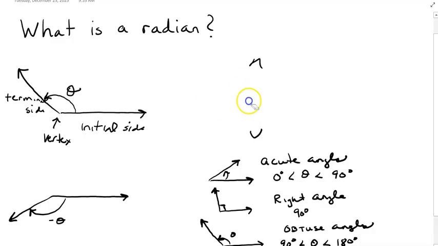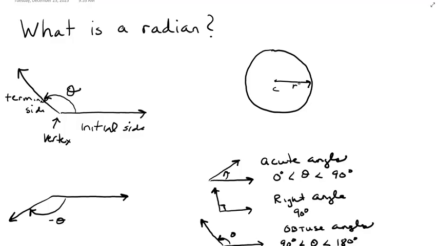Well, if you take a circle and I go ahead and draw my initial side from the center, there's the center of my circle, and there is my initial side. If you're looking at that, you're thinking, oh, that's simply the radius of the circle, right? So let's call that R for radius.